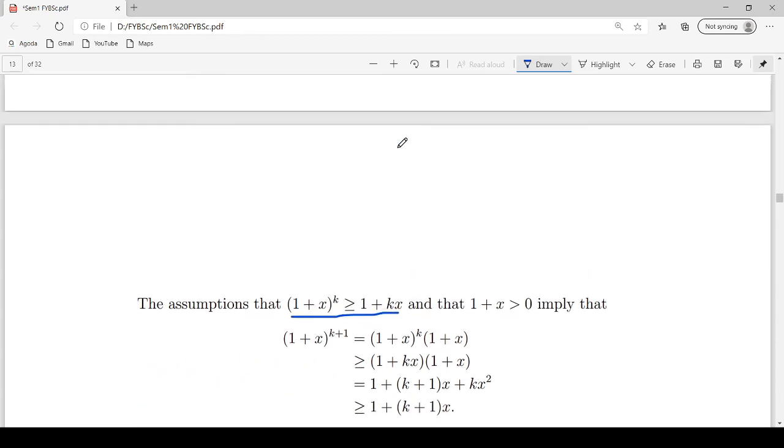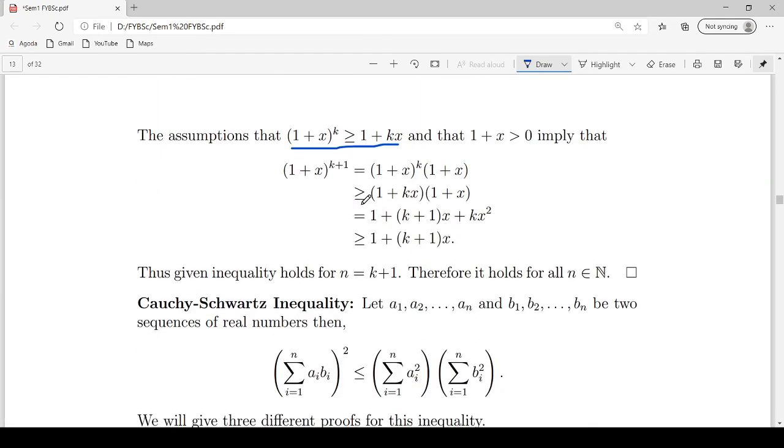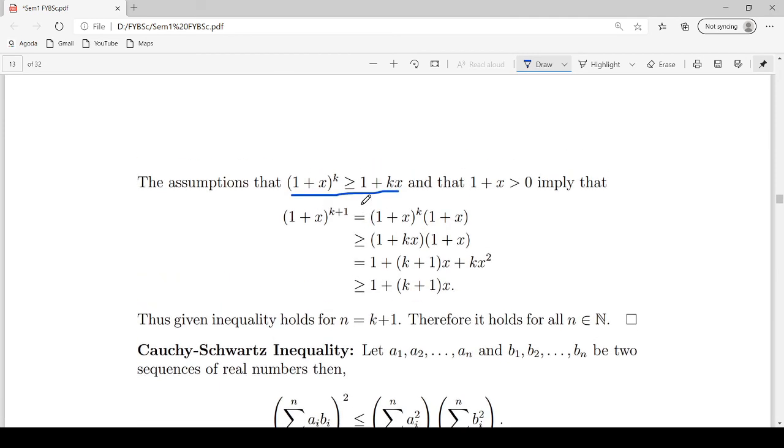And in the statement of our inequality, we had assumed that x is greater than -1. That means you have 1 plus x is greater than 0. Now let's see how it will help us to prove the inequality for natural number k plus 1. Consider 1 plus x raised to k plus 1.